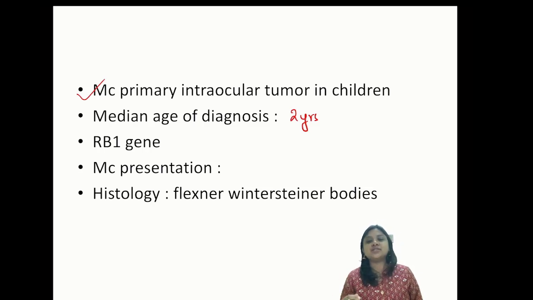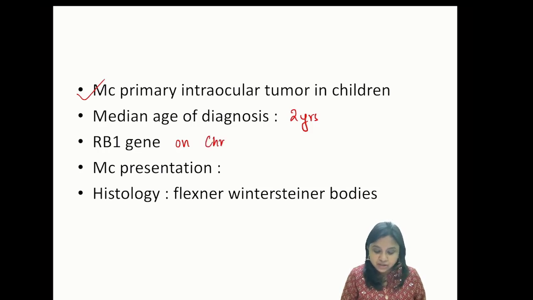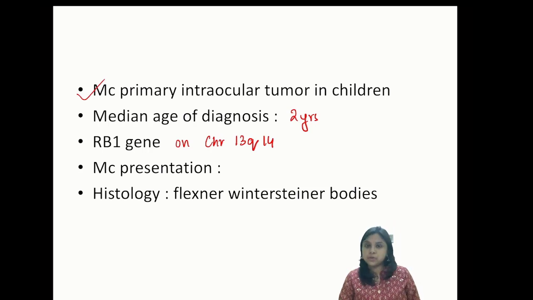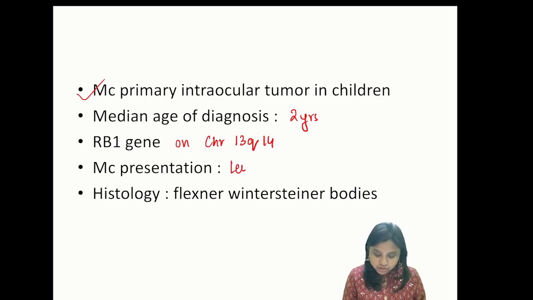It follows the Knudsen's 2-hit hypothesis. So, and what is the chromosome? It can be a future question as well. Chromosome 13q14. And what is the most common presentation? We have the white eye reflex or leukocoria.